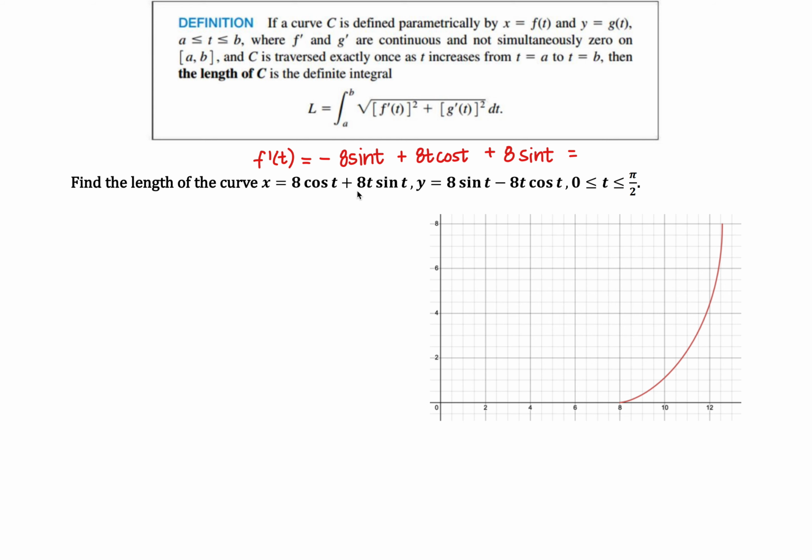So it's this part times the derivative of the sine, and then it's sine times the derivative of the first part. Conveniently enough for us, negative 8 sine t and positive 8 sine t cancel, so we're left with just 8t cosine t.